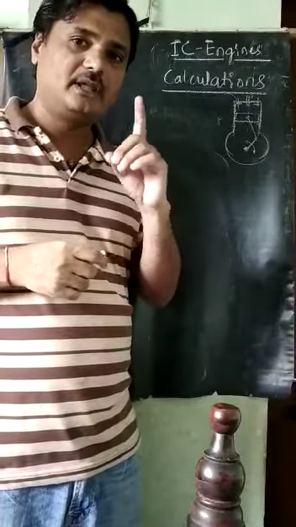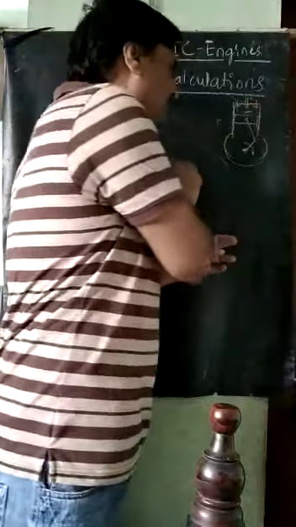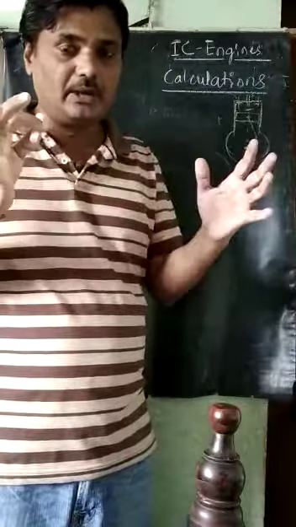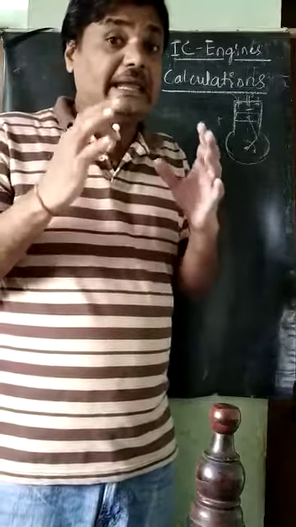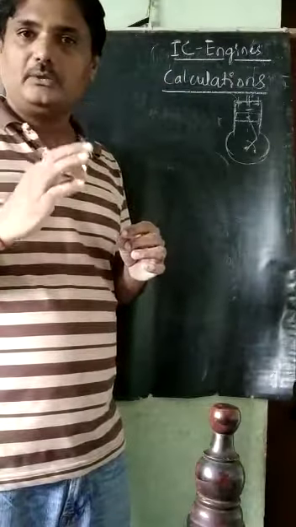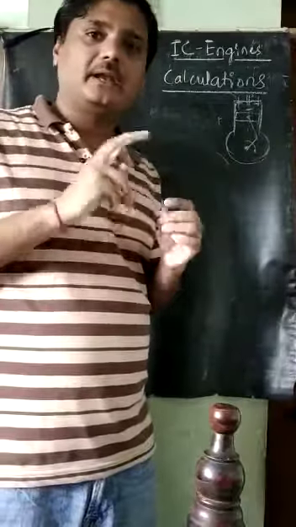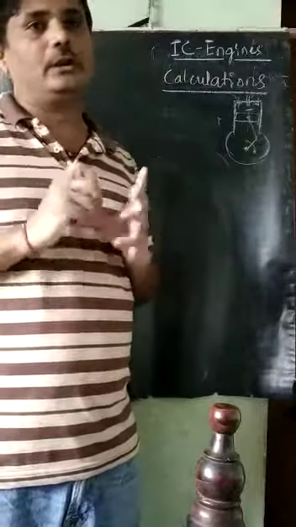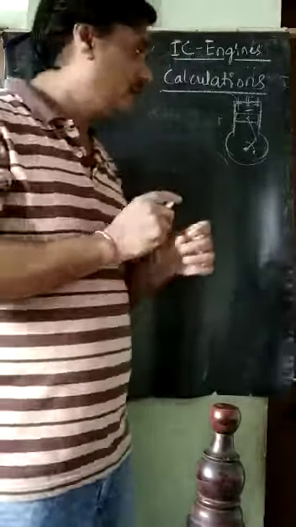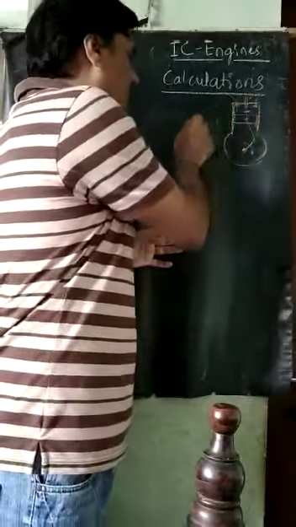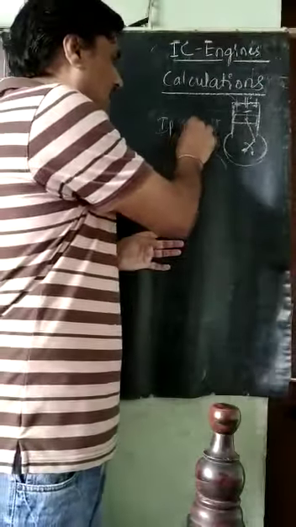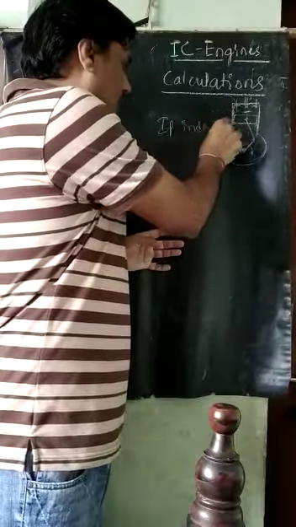Once that heat is released inside the cylinder after the combustion reaction, the power developed in the cylinder after burning of the fuel is called the indicated power. That is indicated power, within the cylinder. That is called the IP. IP is what? Indicated power.